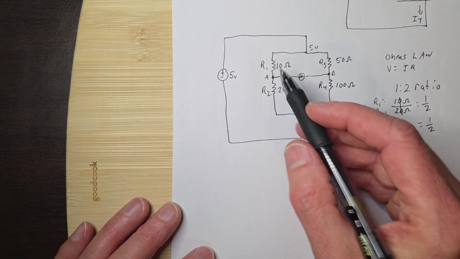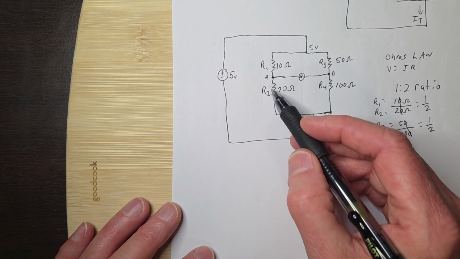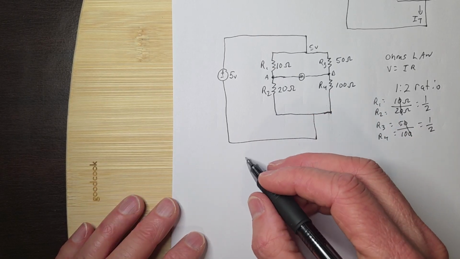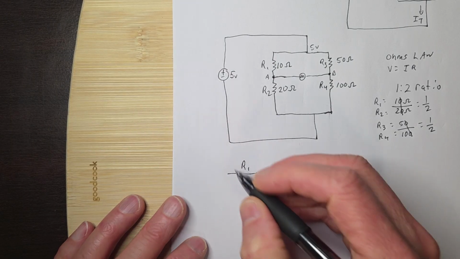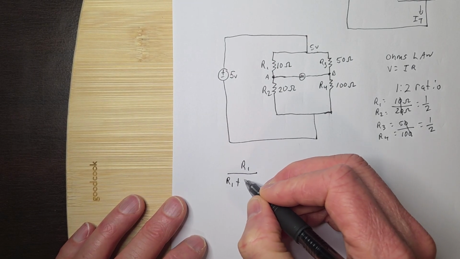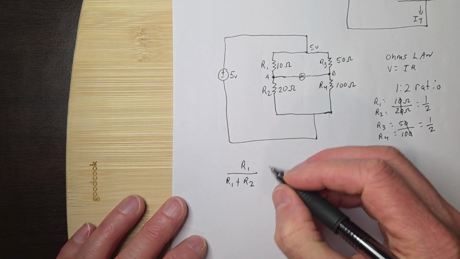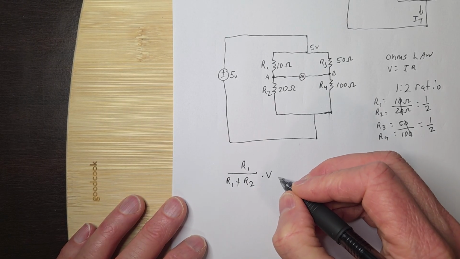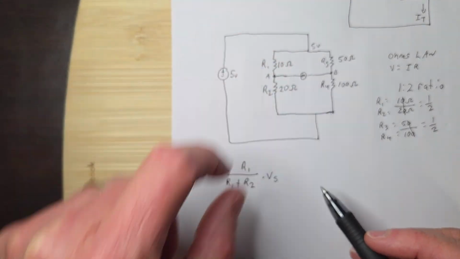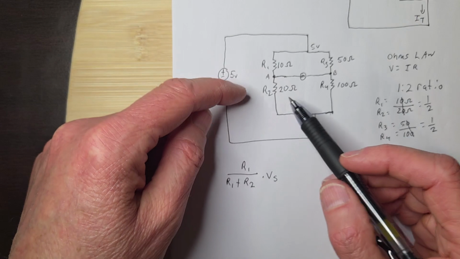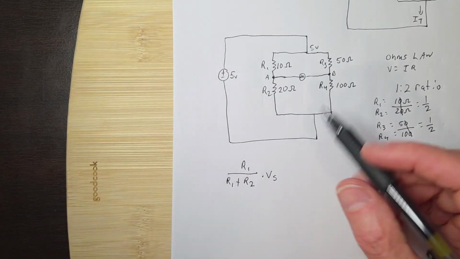So we know that R1 and R2 is just a ratio. So what we can do is say that R1 over R1 plus R2, times Vs, is going to equal the voltage across this resistor, in other words.